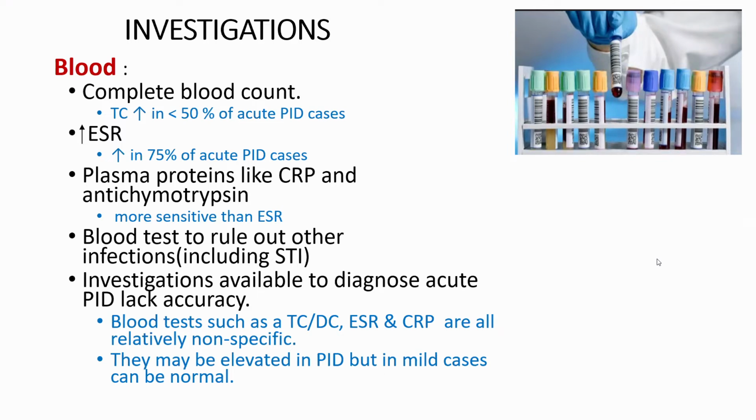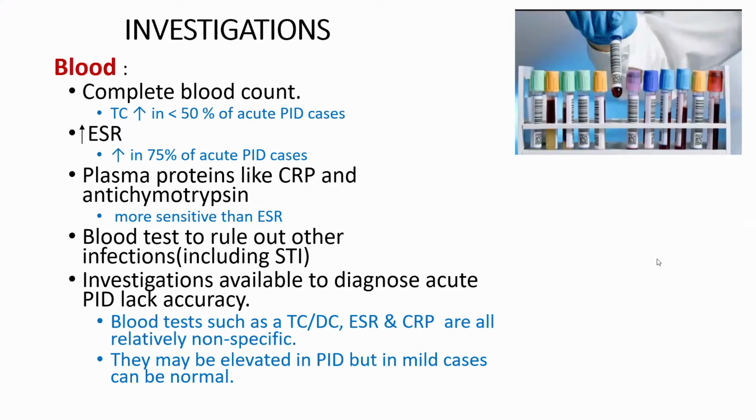It is increased in almost 70 out of 100 cases, but is also not that specific. Other acute phase reactant plasma proteins like C-reactive protein and antichymotrypsin are more sensitive than ESR, but still lack accuracy.